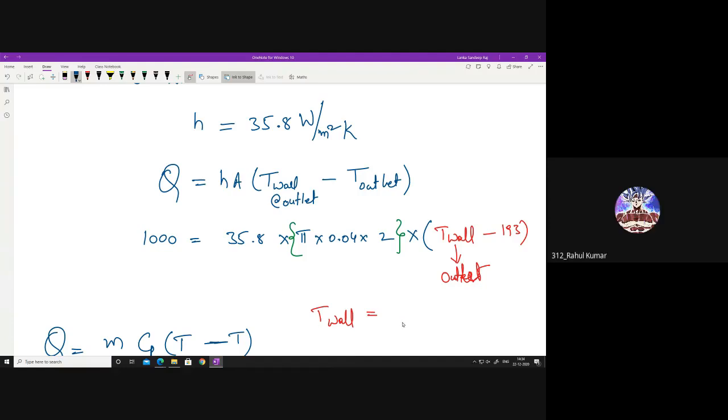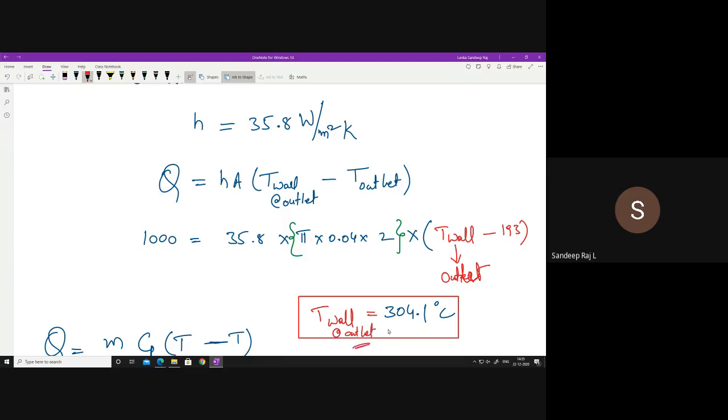Yes, sir. So this is what he is interested in this question. So tell me, what is T wall? 304.1. 304.1 degrees centigrade. Yeah, it can be this much, right? T wall at outlet.